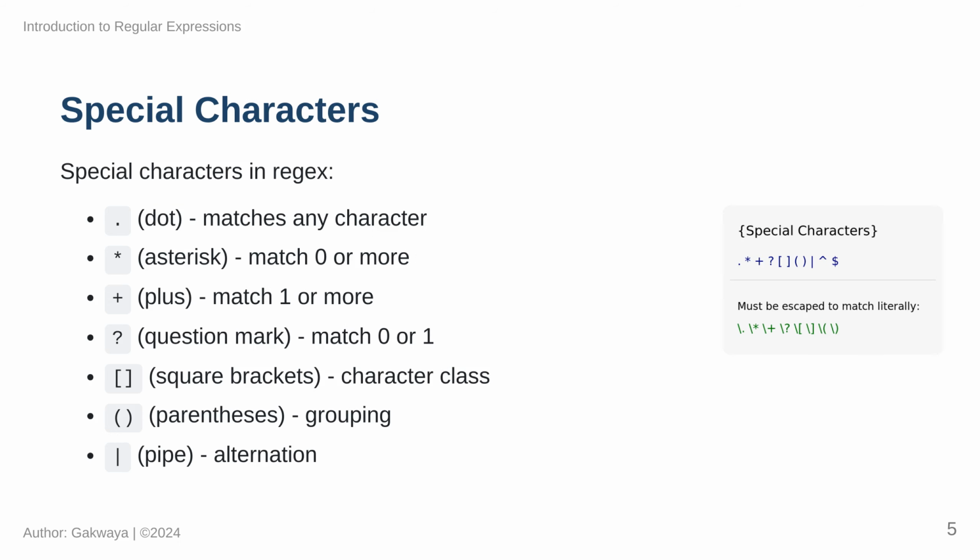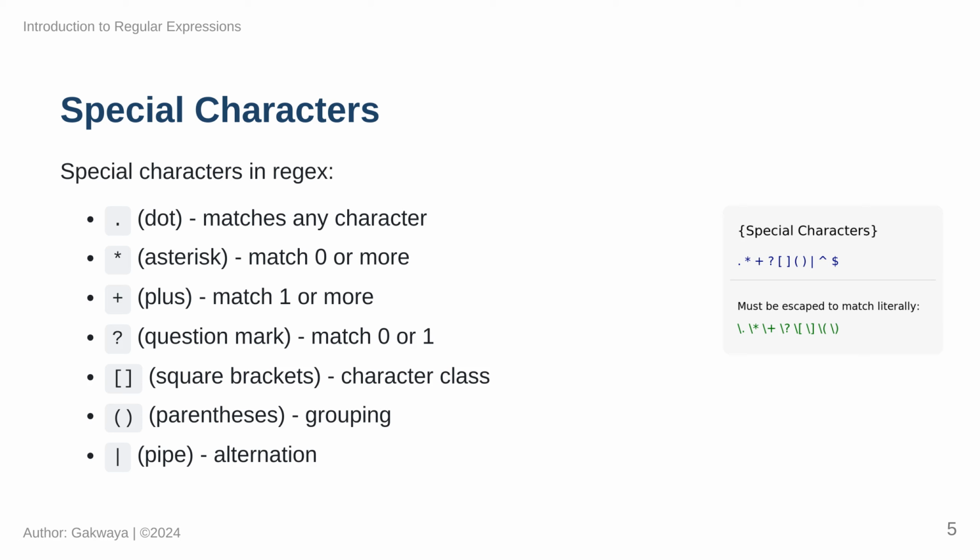Special characters, or metacharacters, are what give regex its power. Each one has a specific meaning that goes beyond matching the literal character. The dot is probably the most commonly used. It's a wildcard that matches any single character except a new line. The asterisk and plus are quantifiers that let us match repeated patterns.